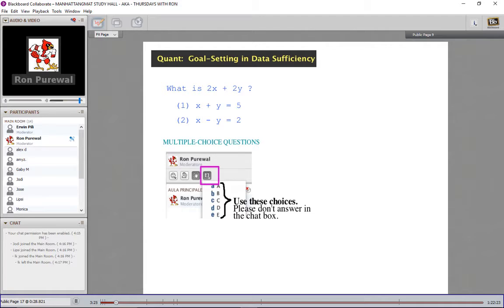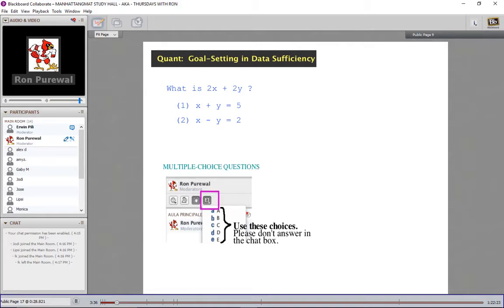If not, you should all have the A through E. Okay, so this is A. Just make sure we're on the same page here. The goal, when we're talking about goal setting here, the goal that we are actually setting is what the problem wants to know.